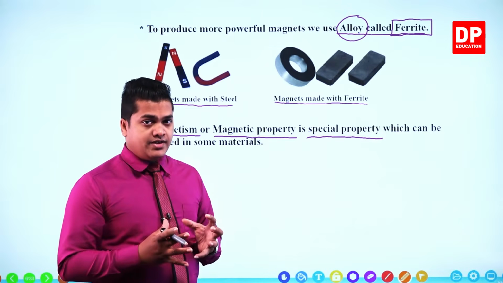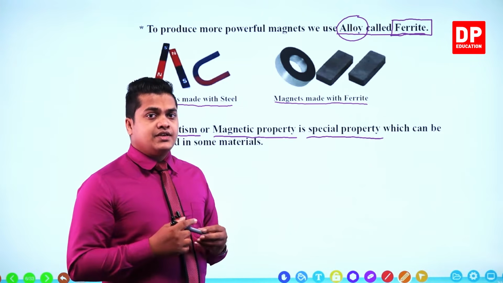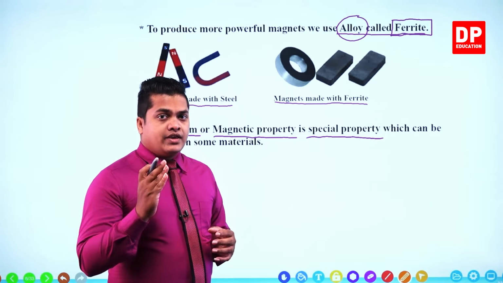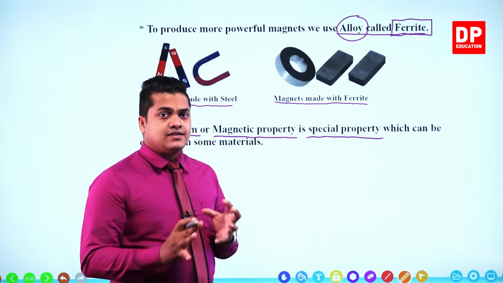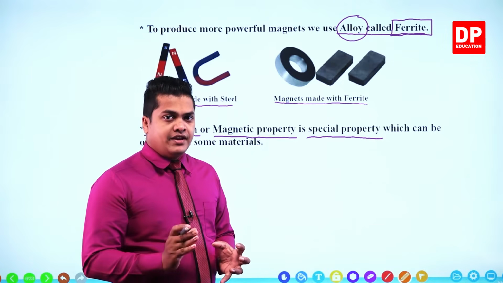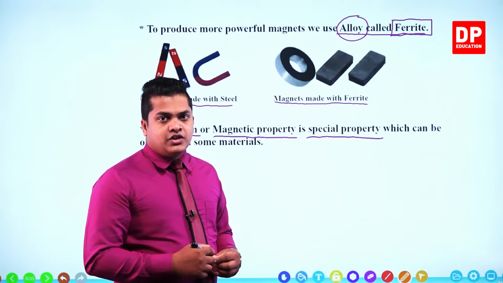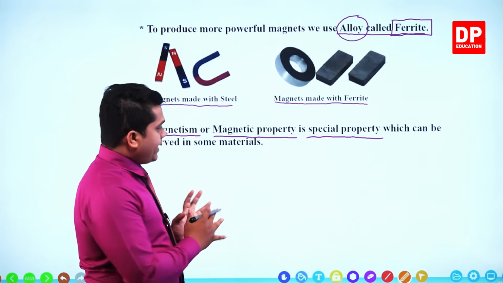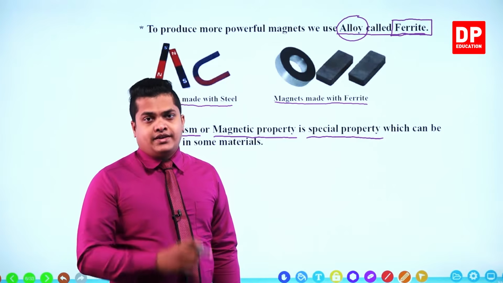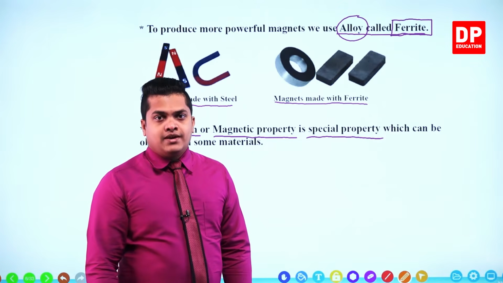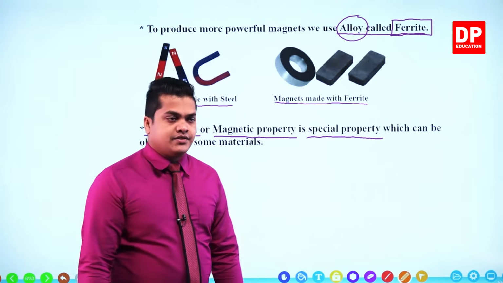If a material has a magnetic property, then definitely it will be attracted towards a magnet. So these things are also referred to as magnetic materials.